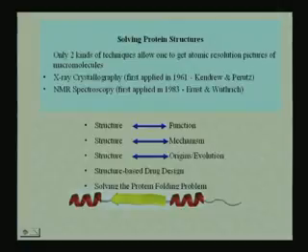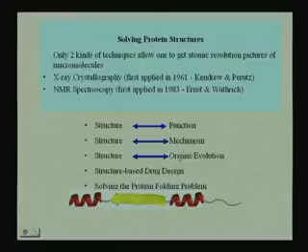Now, there are two techniques available. One is X-ray crystallography and the other is NMR spectroscopy. Now, X-ray crystallography is by far the method that is still taken to date to solve a protein structure, but NMR spectroscopy is actually catching up very fast. Now, the difficulty of X-ray crystallography is getting a crystal.